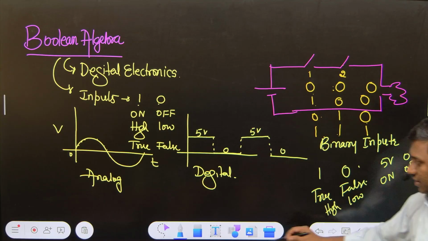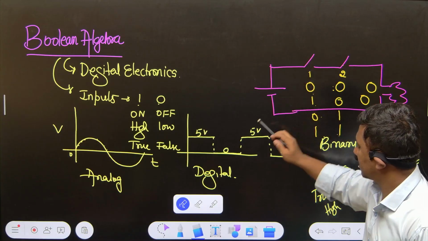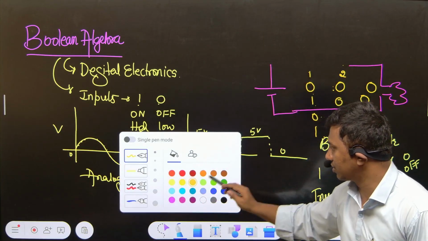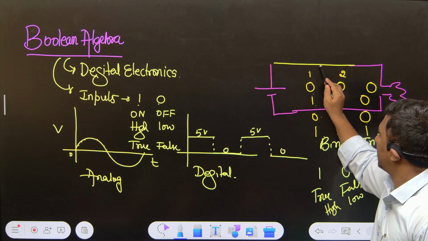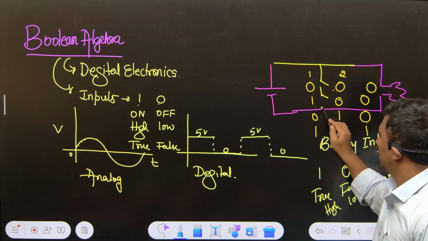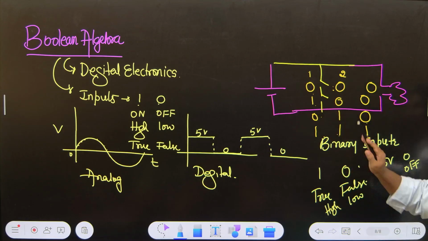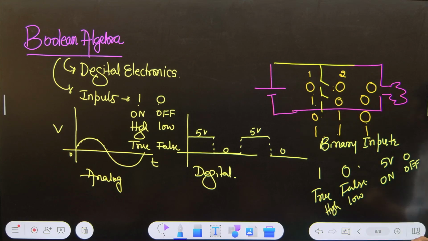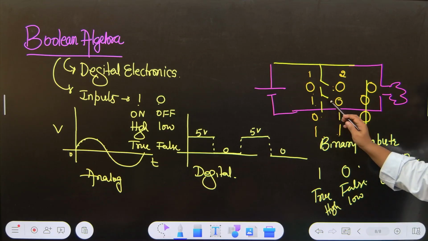If I change the same circuit by a small variation, what variation is it? Let me draw it. We will draw all those things again, no problem. Only I am discussing here. Now, instead of putting the switches there, I am putting the switches here. Now think about it, the new outputs. Both are open, 0, 0.